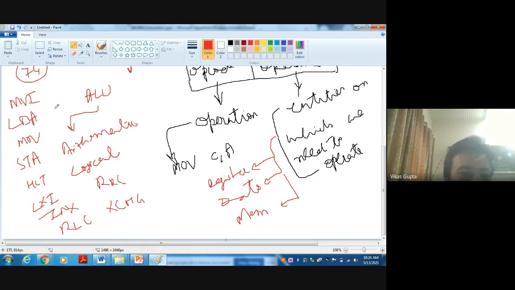So different instructions you may be given, then you need to explain the instruction.